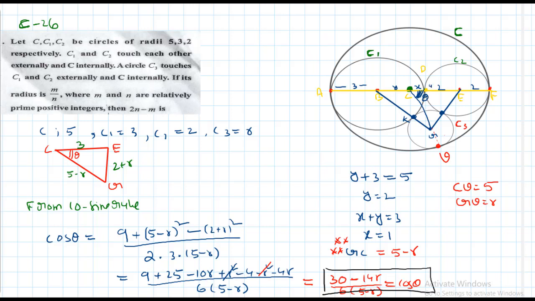Students, if this is theta, this is 180 minus theta, no? Because it is a straight line. So angle BCG equals 180 minus theta. For convenience, again I want to draw the triangle.